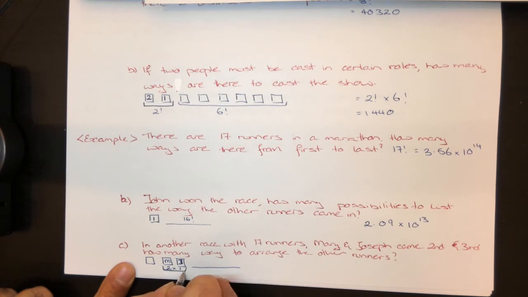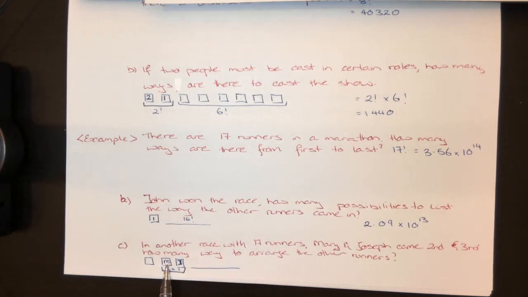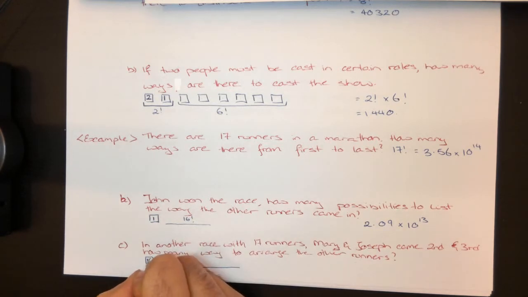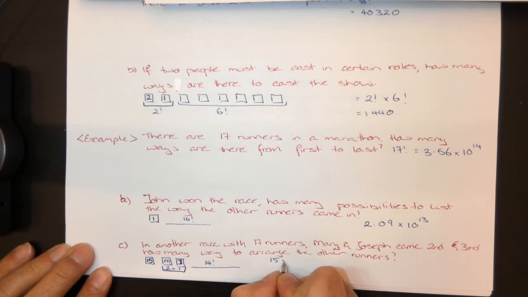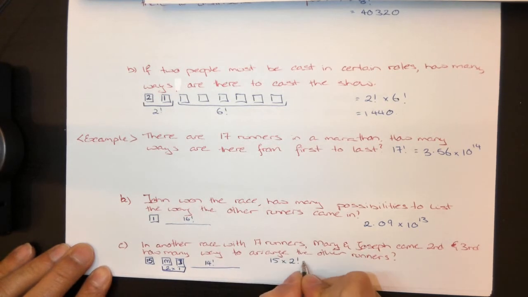Okay. So we know what places they've got. So technically, we know what 2 runners have come in. So we really have 15 other runners. Well, there's 15 possibilities for first place, because we know that they've got second and third. And so then we have 14 factorial for all the other positions. So this would be 15 times 2 factorial times 14 factorial.